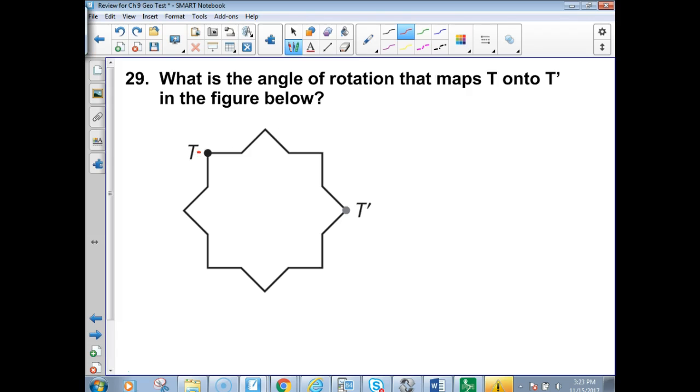We said all of them are going to go counterclockwise. So this would be 1 turn, 2 turns, 3 turns, 4 turns, and 5 turns. I forgot to fix that answer before I printed them off. I have since corrected that. So I wanted to let you know that we need to do a 5 turn to get to T prime.